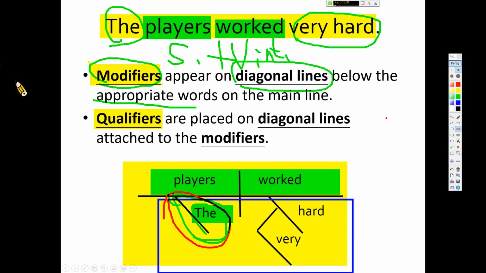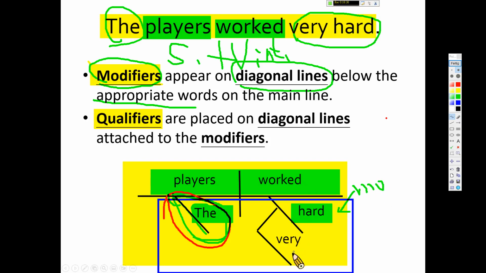But actually, if we want to identify the real modifier to modify worked, it is hard. Because you see, the prayers worked hard. So basically, this one is the direct modifier for worked. Is that right?